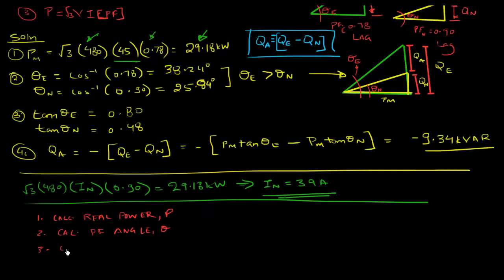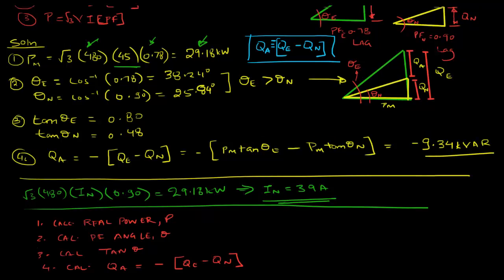Step 3, calculate tan of theta. And step 4, you calculate your Q that needs to be added, which is negative of Q existing minus Q new. And the formulas that we're going to be using are given here.